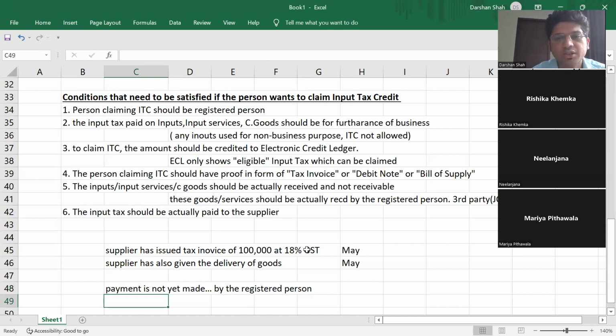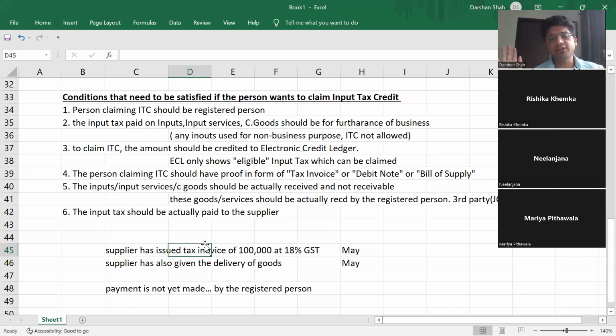So condition number 4 and condition number 5 have been done. Tax invoice, proper document has been issued. Supplier has also given the delivery of the goods. But from our side, payment is not yet made. So I cannot claim ITC.